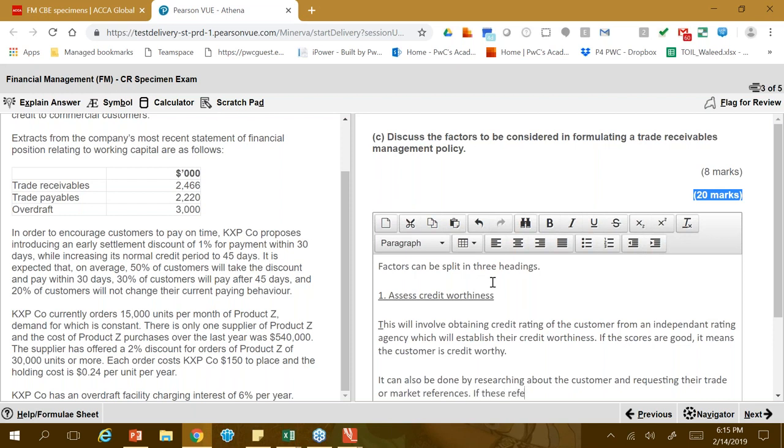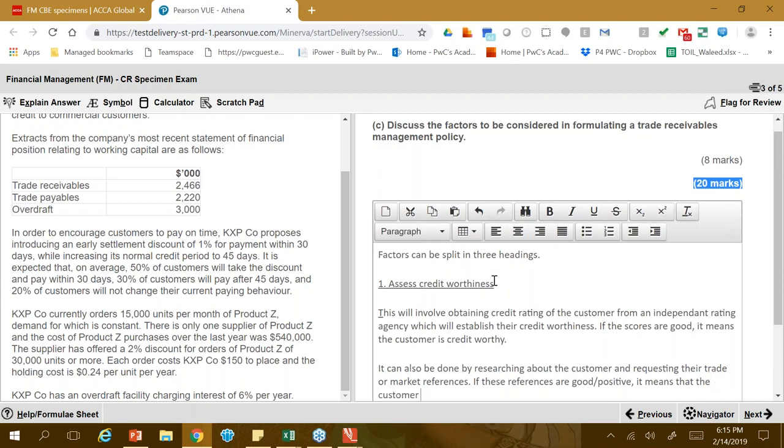If these references are good or positive, it means that the customer is deemed as creditworthy in the market. That's it, 2 marks.